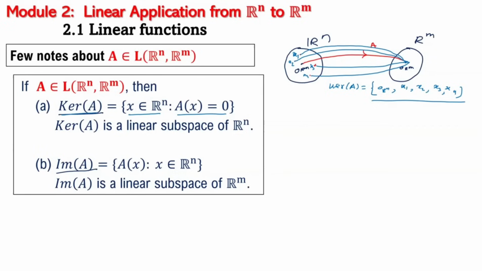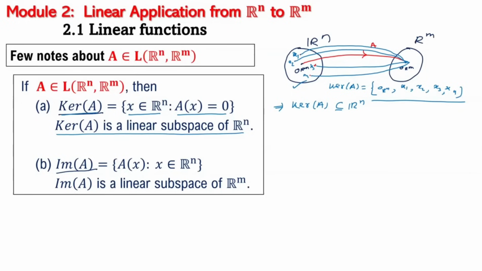So kernel of A is a subset of Rn. Therefore, the kernel of A will be a subspace of Rn. We are not going to prove that it is a subspace; it's obviously true if you check it using the definition of subspace. So the kernel of A is always a subspace of Rn.